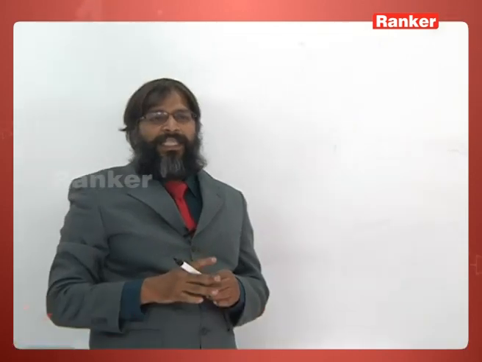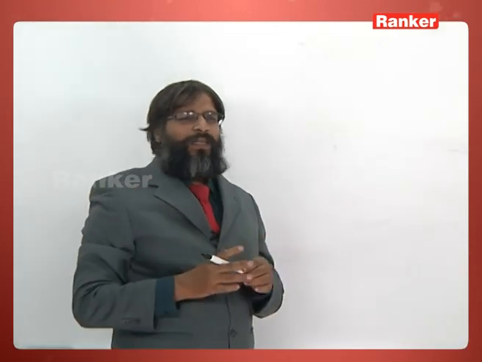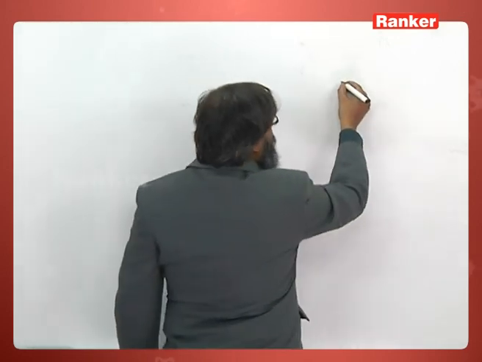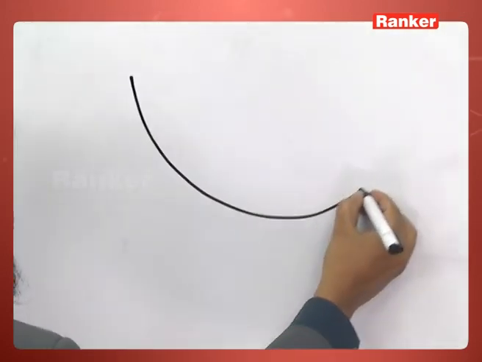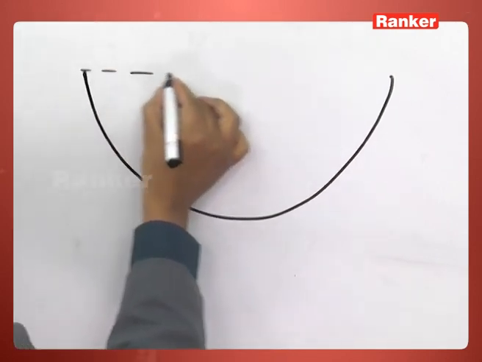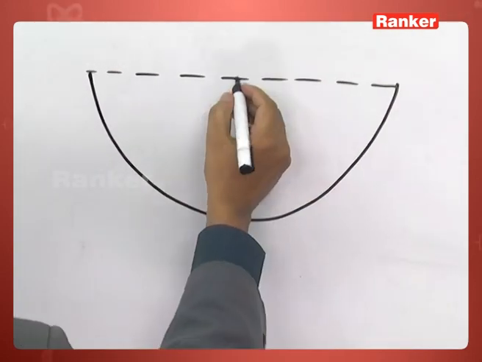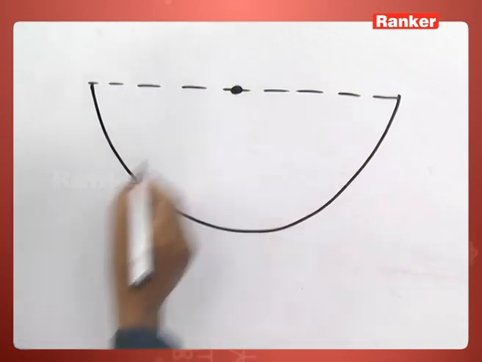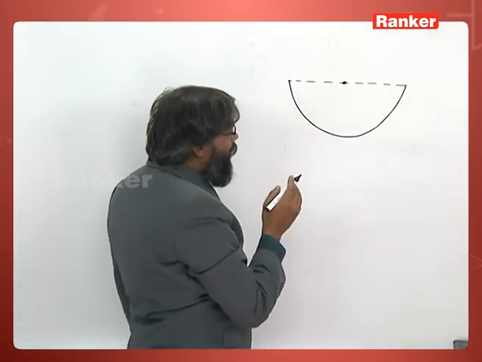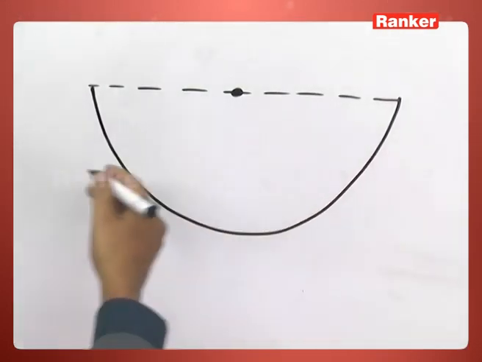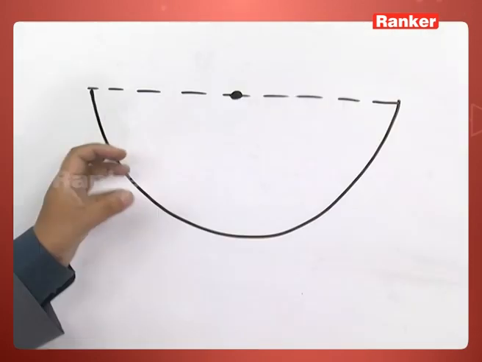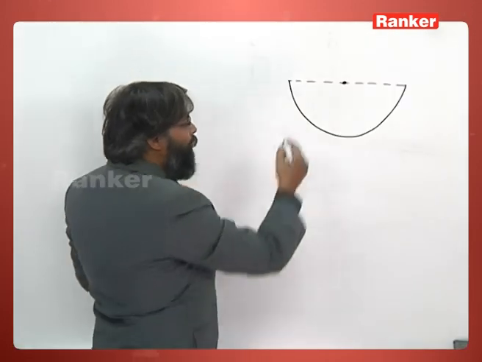Now let us take another example where we will calculate the total force due to radiation pressure. Suppose this is the hemispherical bowl and it is a reflecting bowl, so it reflects light.